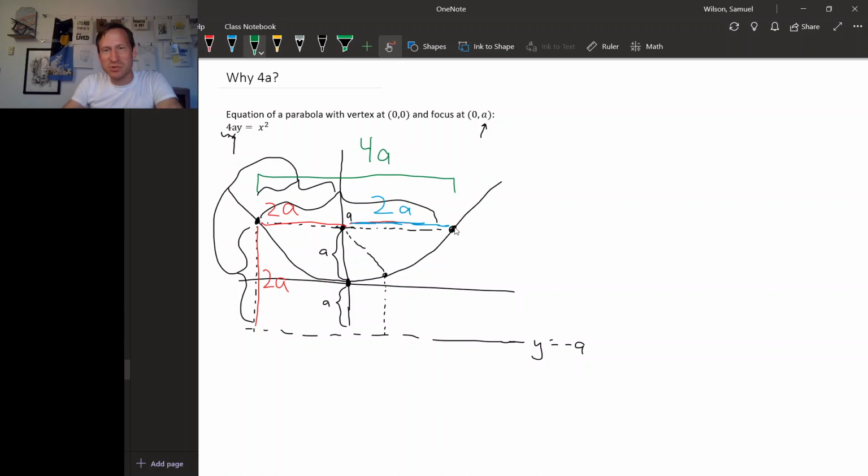It's the distance between the 2 points on the parabola that are level with the focus. This distance gets called the latus rectum. Sometimes you'll also hear about the semi-latus rectum, which is just half, which is 2a. So that's what the 4a means. A by itself is the distance from the vertex to the focus, and 4a is the distance between these 2 points that sit beside the focus.